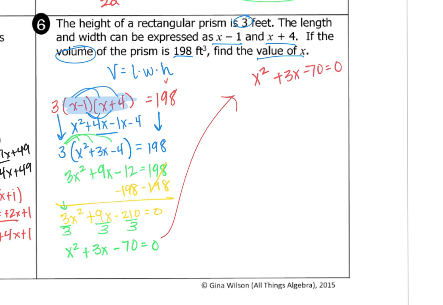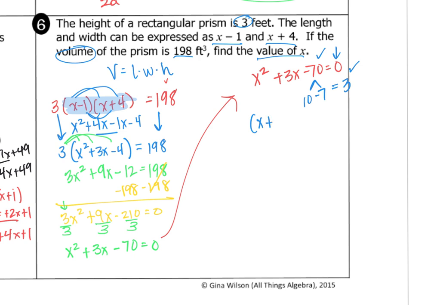Let's do our 1, 2, 3 factor tree, because remember, after we're set equal to 0, we have to refactor or find another solving method, which could be the quadratic formula or complete the square, and solve for x. So what two numbers multiply to negative 70 and add to 3? Well, that would be 10 times negative 7, which makes negative 70. 10 minus 7 is 3.